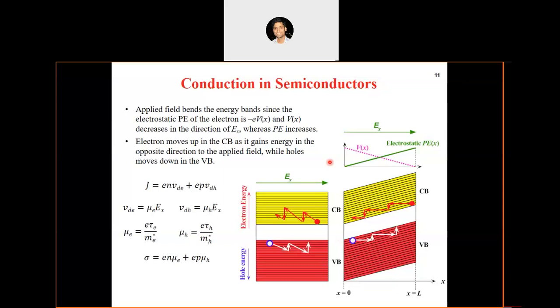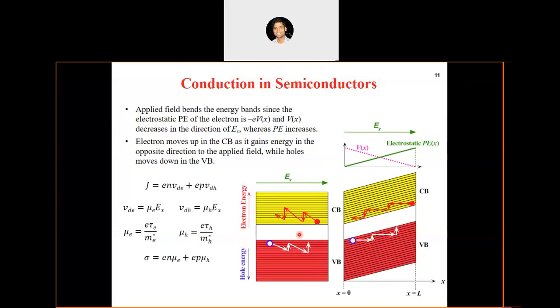Any other question? Actually, without this band bending, if you want to imagine how it is happening, you can look at this figure.